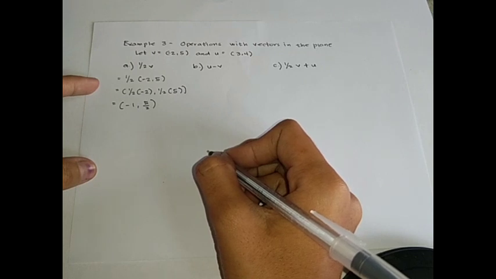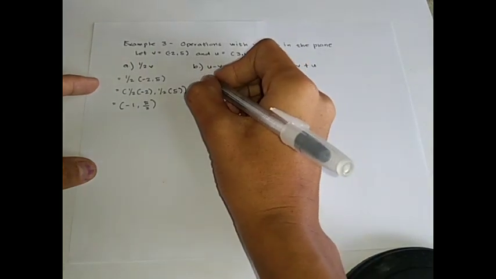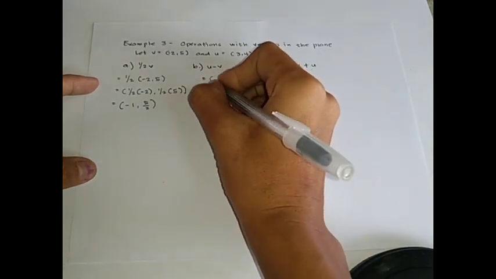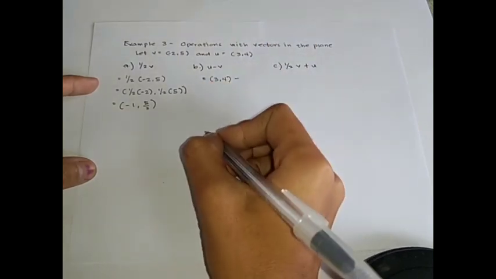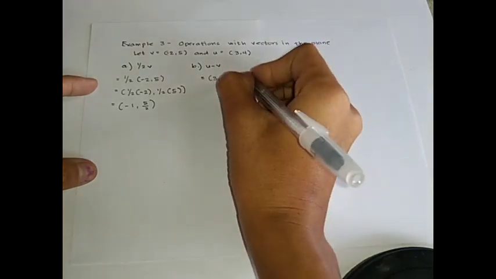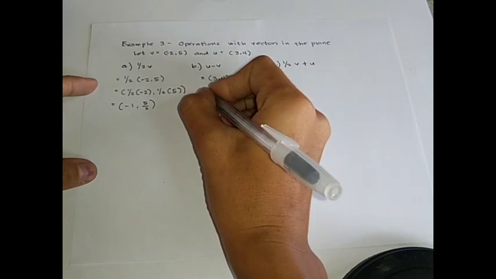For letter B, we will subtract vector v from vector u. Now substitute. The value of u is (3, 4) minus the value of v, which is (-2, 5).